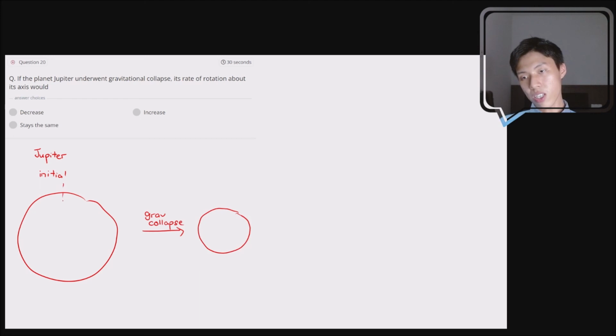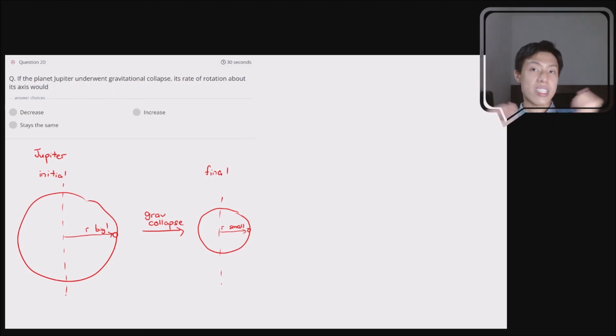If you imagine this is the axis of rotation of Jupiter, and now it has shrunk towards something like this, then you know that the mass is now nearer to the axis of rotation. Previously the masses were so far out from the axis of rotation. R is big, but now the mass is not so far away. So R is small.